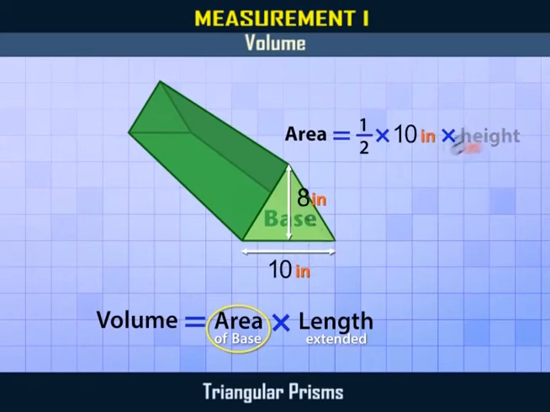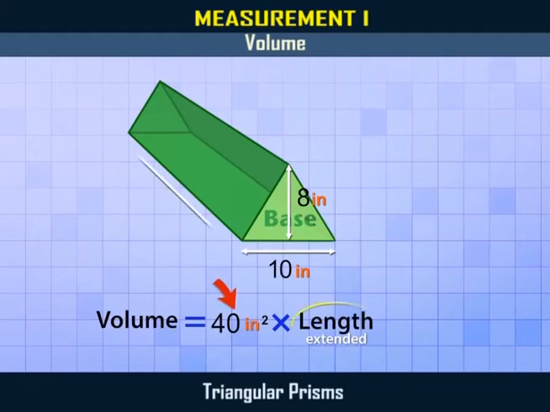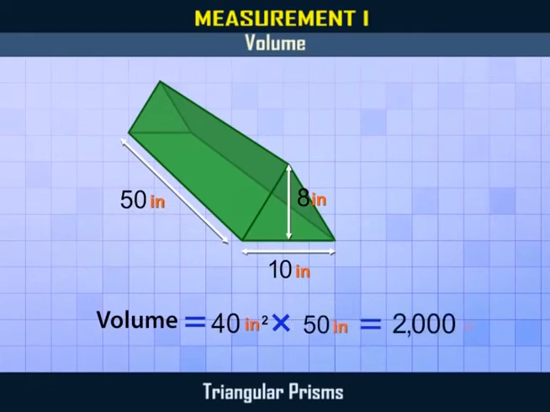So a half times base times height will be a half of 10 times 8. 10 times 8 is 80 and a half of 80 is 40, so the area of the triangle is 40 inches squared. Now all we need to do to find the volume is multiply that area by the length it was extended with, which is 50 inches. So we have 40 inches squared times 50 inches and we get 2000 inches cubed. That is the volume of this prism.